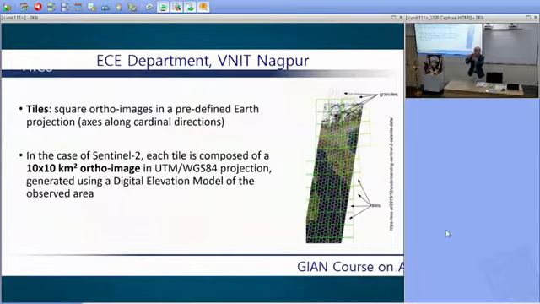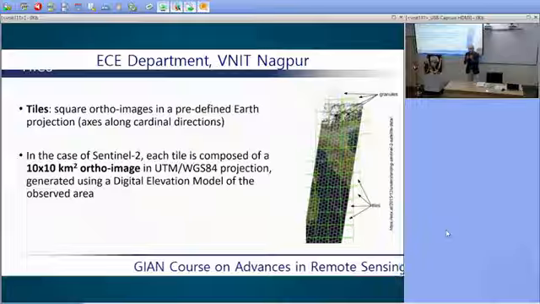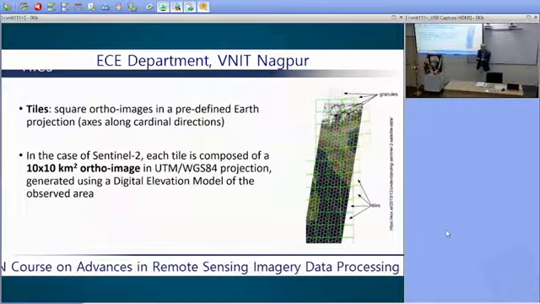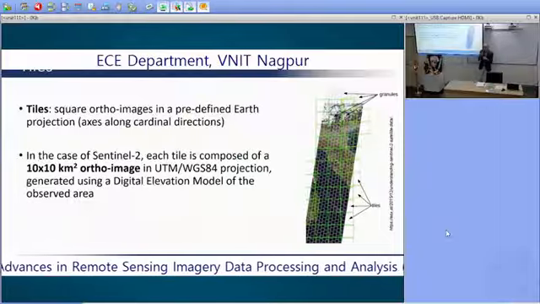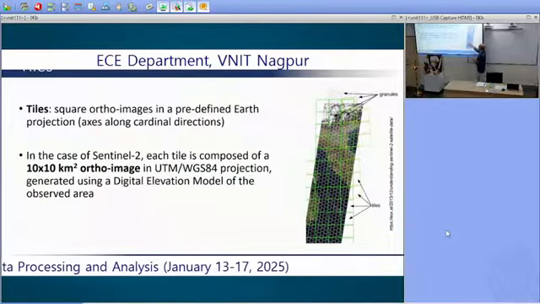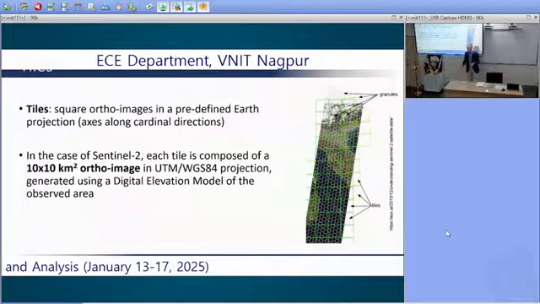There's no way you can match them. So there's a process called resampling, which follows certain criteria to minimize the error when you pass the data from the original swath to this regular grid. It will minimize the error, but you cannot cancel it.